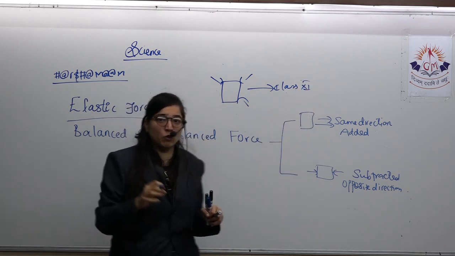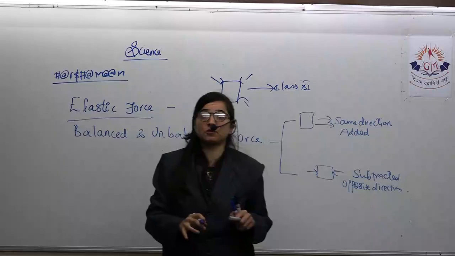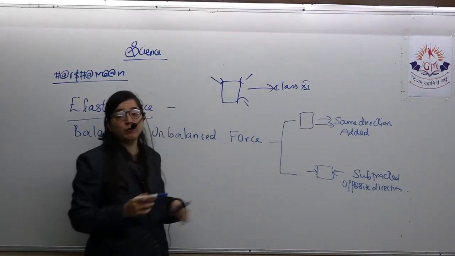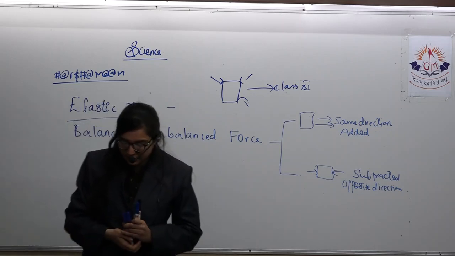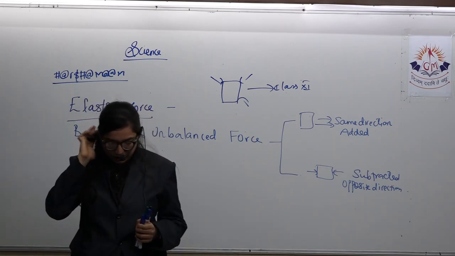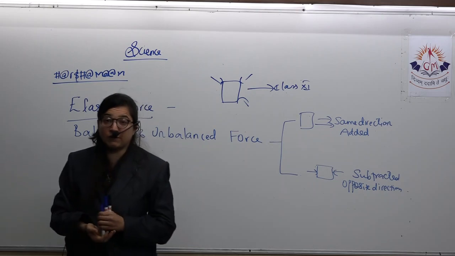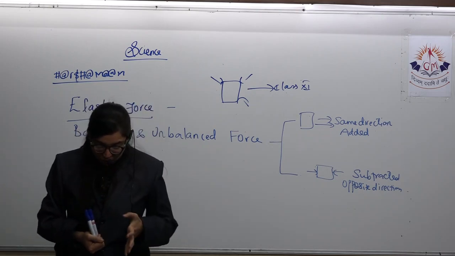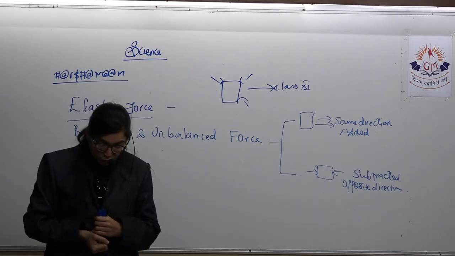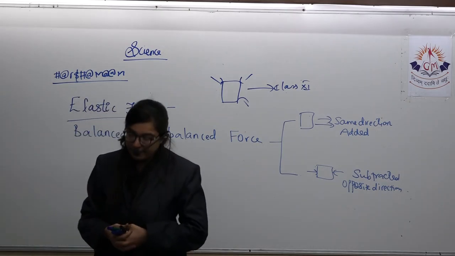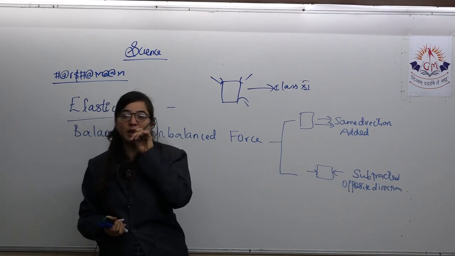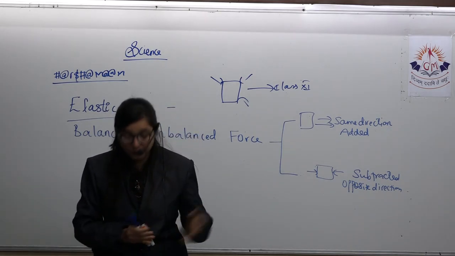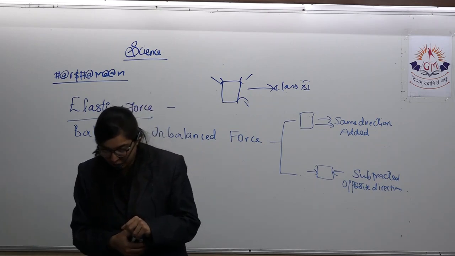Okay, when multiple forces are acting on any particular object, then in that case we can take the multiple force system. You can see over here that there are two persons, Arun and Varun. Arun is trying to pull an object. He is able to apply 50 Newton force. Then in the next case, when he asks for help from Varun, the total will come up to 50 plus 50 in the same direction, which is 100.